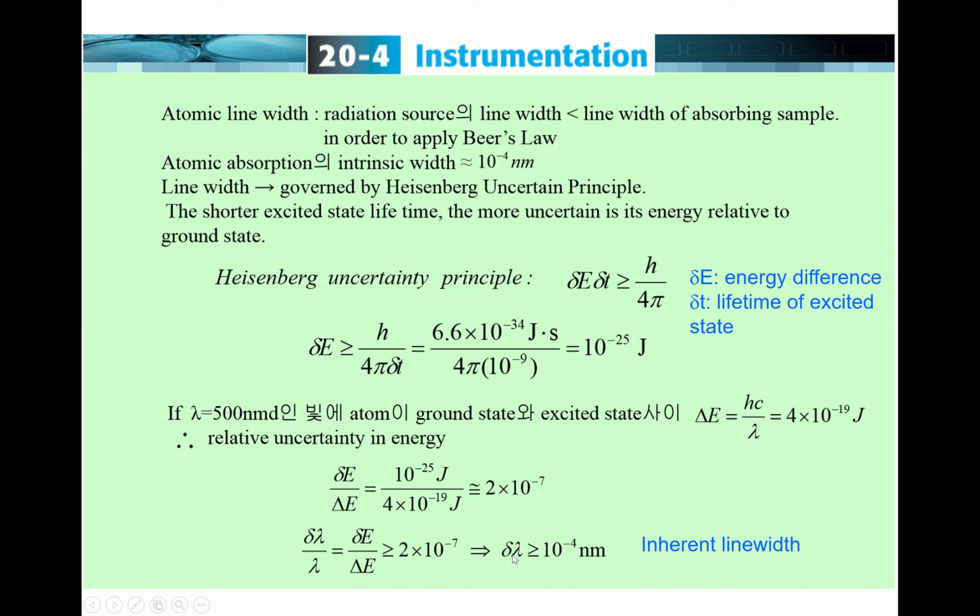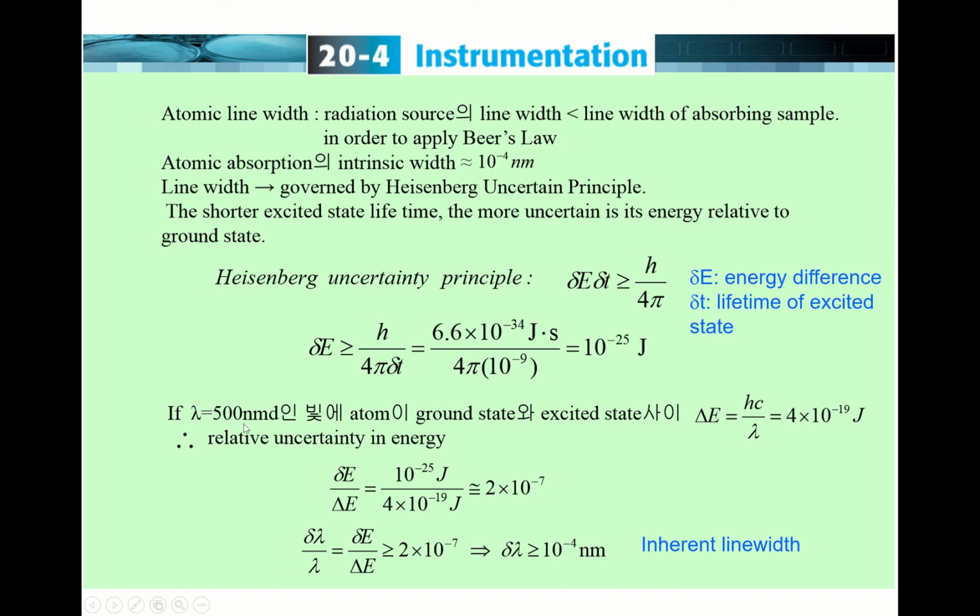The line width can be calculated using this equation: delta lambda divided by lambda equals delta E divided by the large E. This is all the time greater than 2 times 10 to the minus 7, and delta lambda is this number multiplied by lambda.